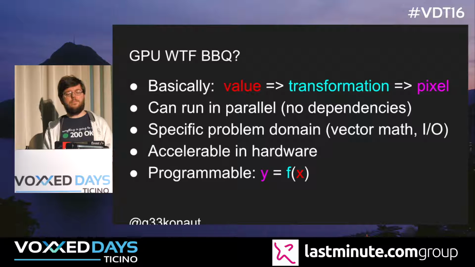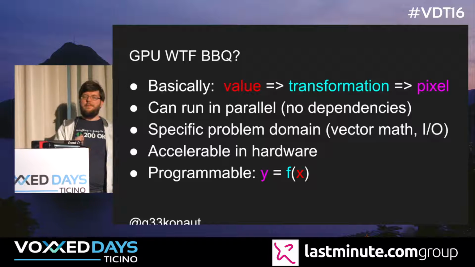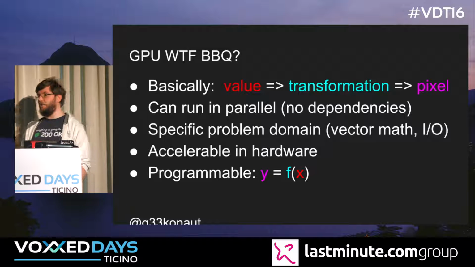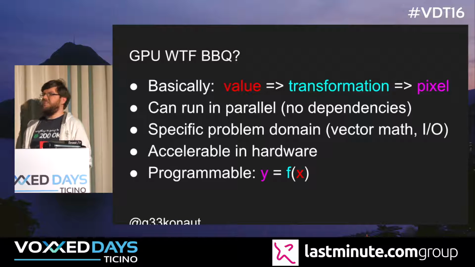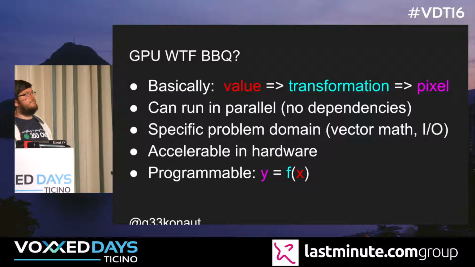So basically what the GPU pipeline allows us is to run a program that takes a value, transforms it, and outputs a new value. That's a function call, isn't it? And the cool thing is, as we just have a value that has no dependencies, the pixel number 5 is red no matter what. We can transform that.